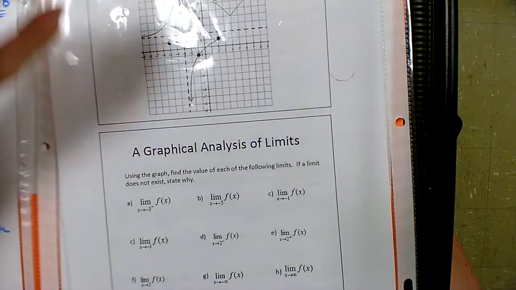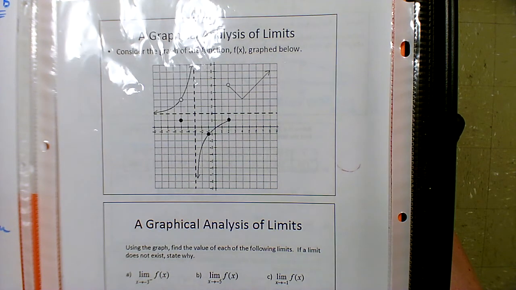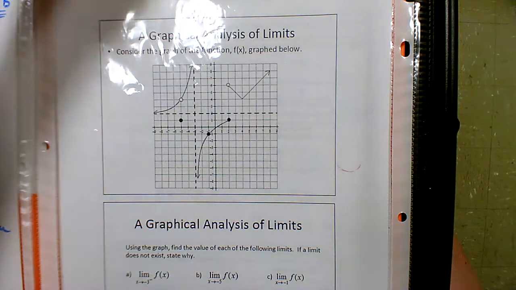Do you want to try a graphing one? You want to do a few together? Or you want to tackle them on your own? Can you try some? Give it a shot.